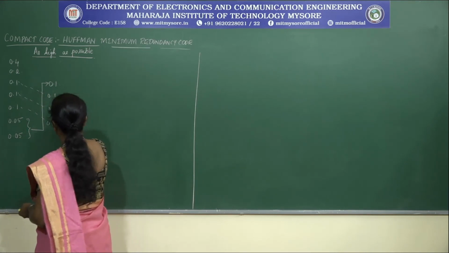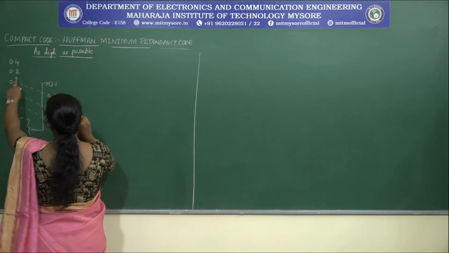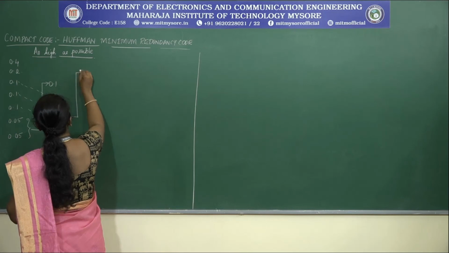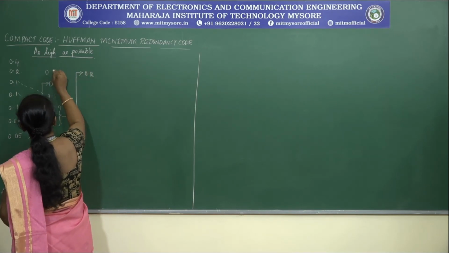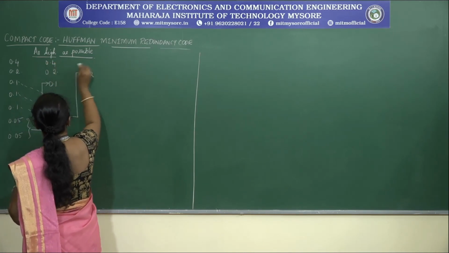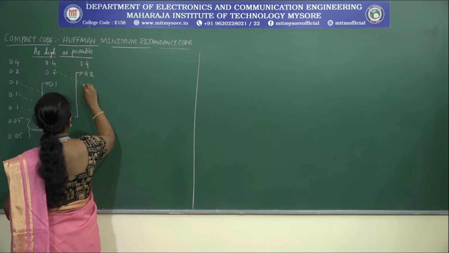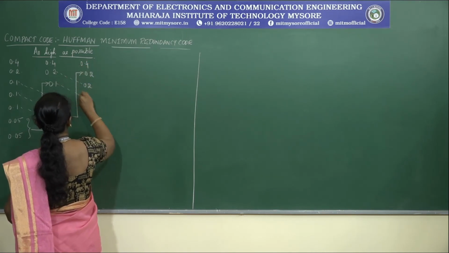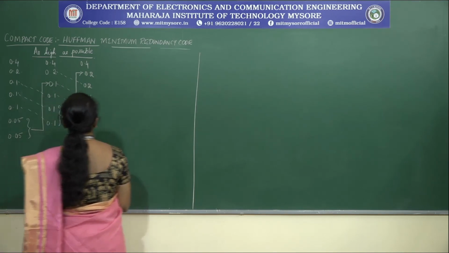So next, combine these two, so it will be 0.2. We have one more 0.2 here. We need to place the new 0.2 above and place the older 0.2 below this one. Then we have 0.1, 0.1.